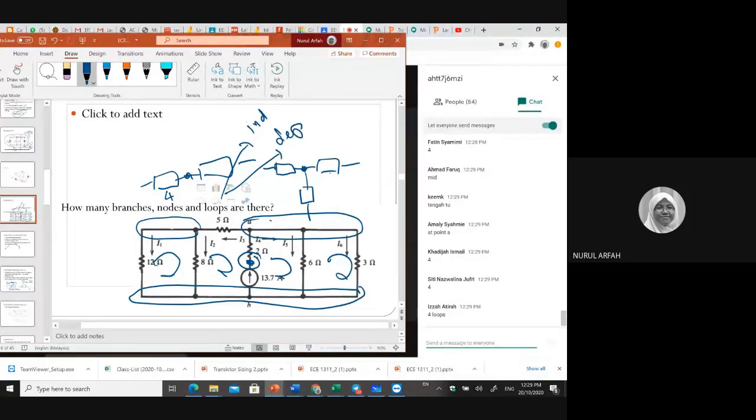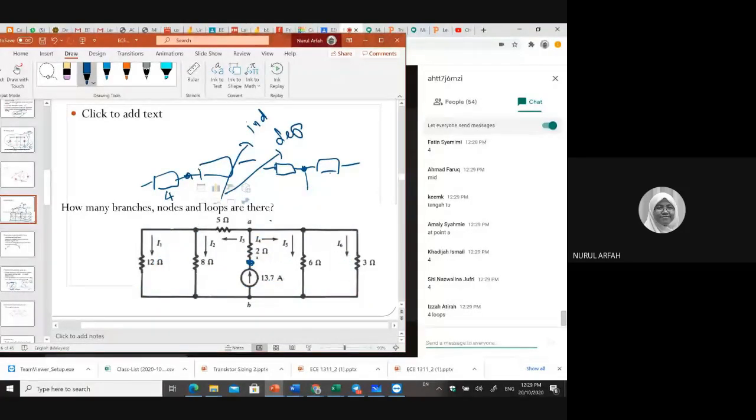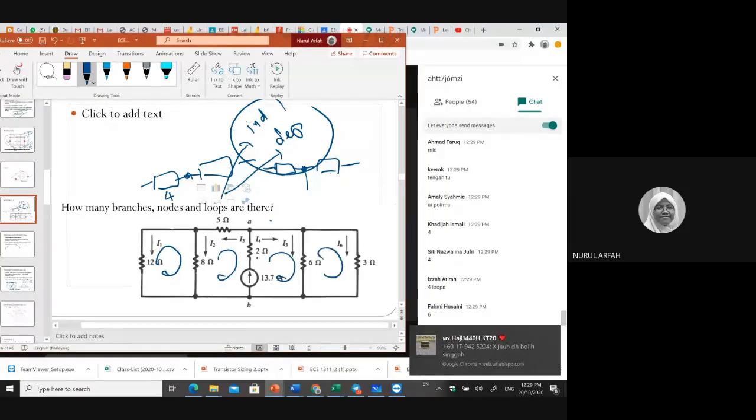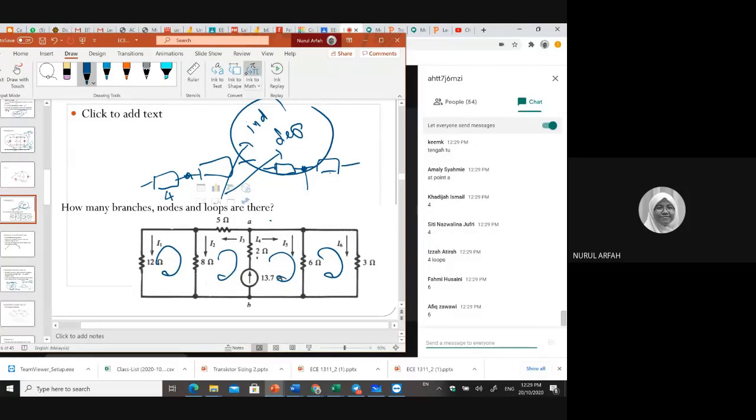How many loops? If we combine both, independent and dependent loops, you have here 4. 1, 2, 3, 4. Then more loops, independent and dependent.